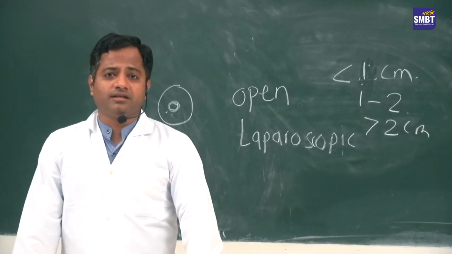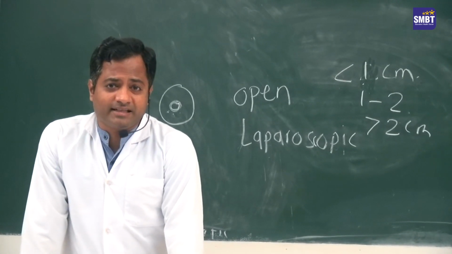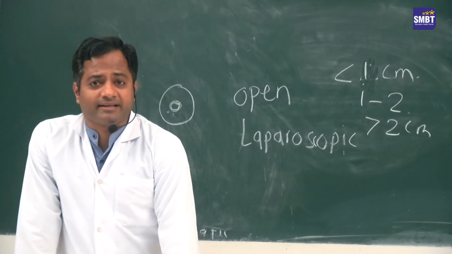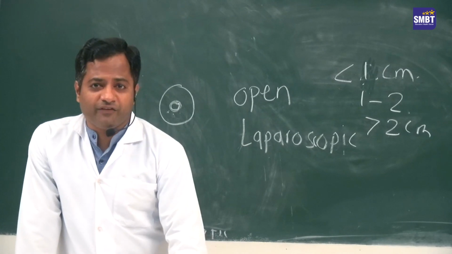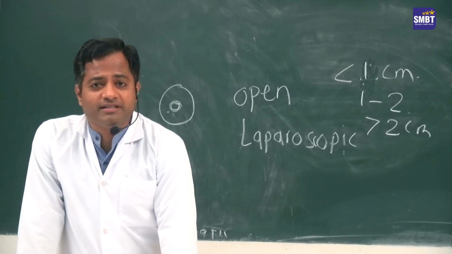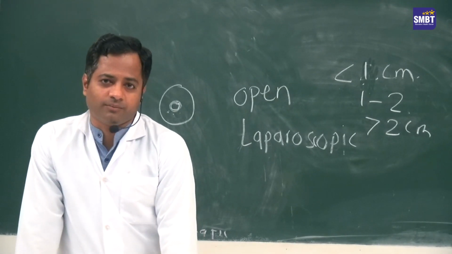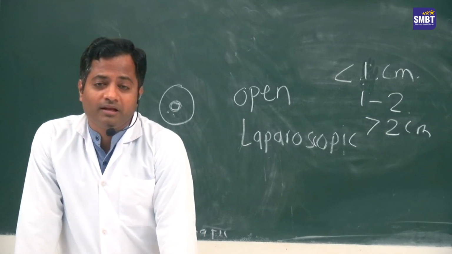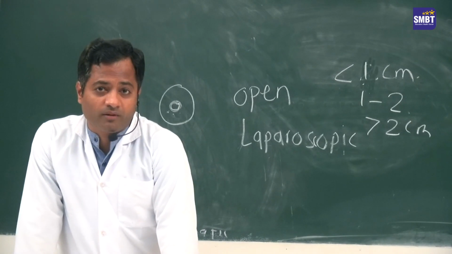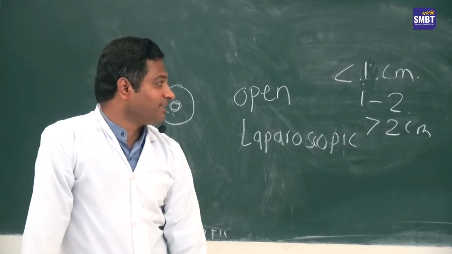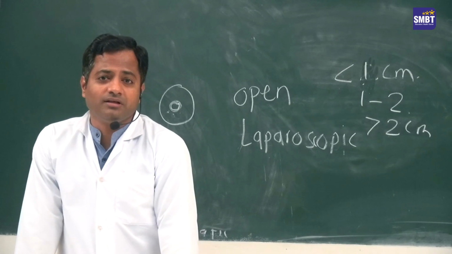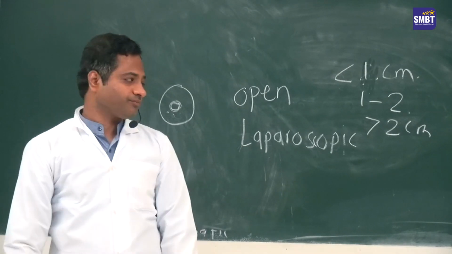Give a transverse incision below the umbilicus, dissect the skin, dissect the umbilical hernia sac, identify the defect. If the defect is less than 1 centimeter, then give a figure of 8 suture with a non-absorbable suture like Prolene or Ethilon.